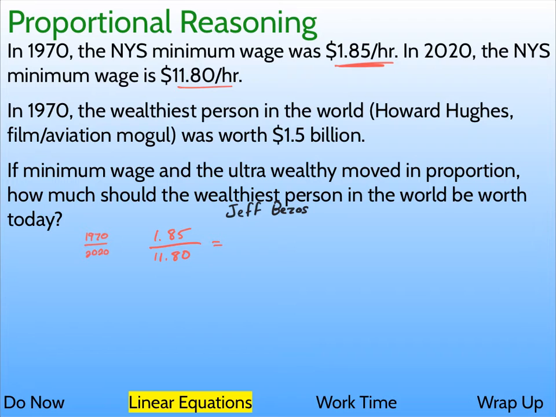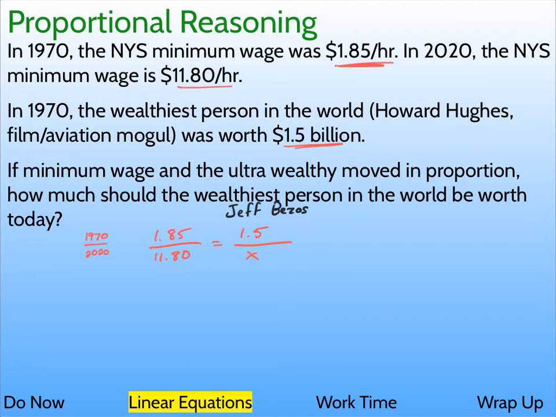And now this is all equal to, in 1970, 1.5 billion. I'm just going to write it as 1.5 for our purposes, and we know that it's not necessarily commensurable units in this circumstance. But I'll just write 1.5 here, and whatever we get on the bottom for this x, we'll know that that's in billions as well.